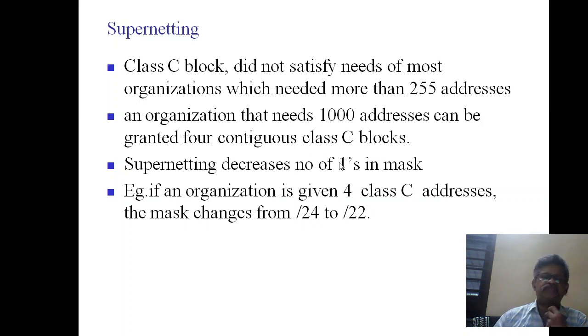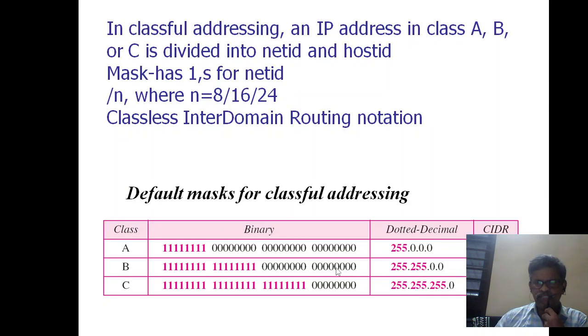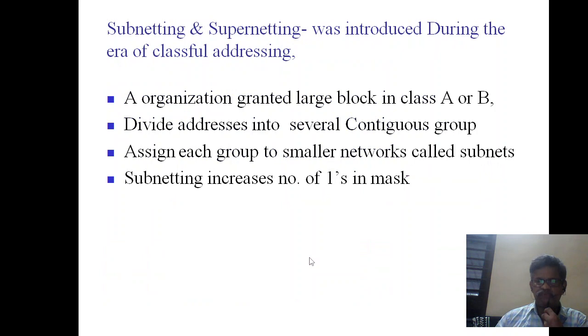So supernetting will decrease the number of ones in the mask. Those 2 bits will move from the network portion to the host portion. So we have 4 groups which are determined by these bits, which form part of the host number. So the net ID reduces by 2.